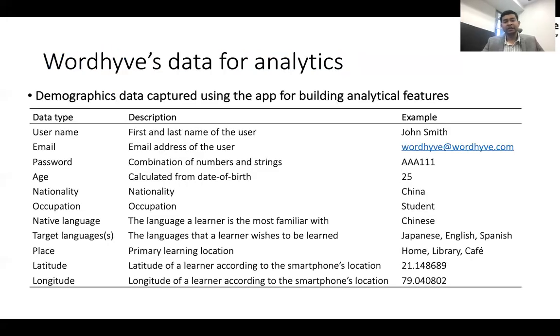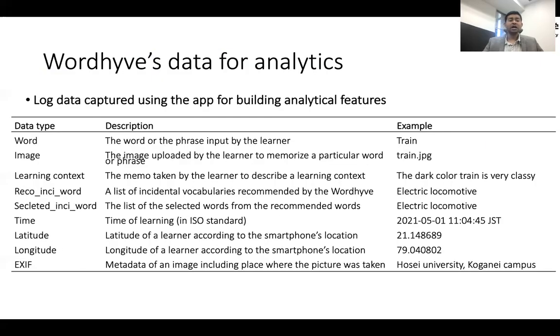Here are the data that we capture and analyze for improving the analytics features. We, of course, use demographic data, for example, nationality, occupation, age, gender, and the places the learner often uses to learn new vocabularies. Also, we use the log data.